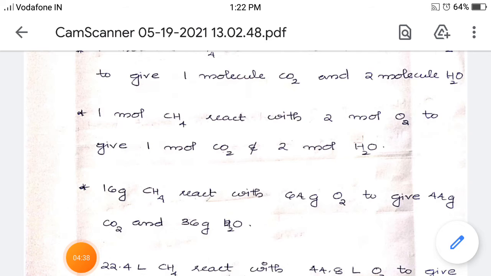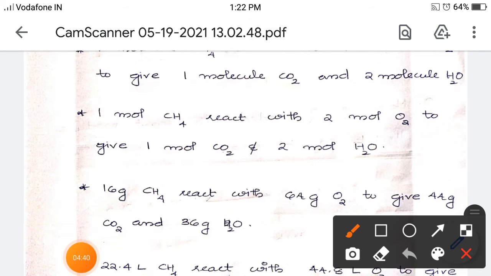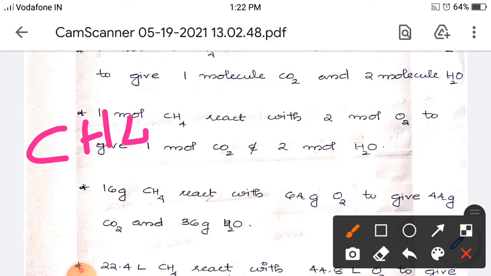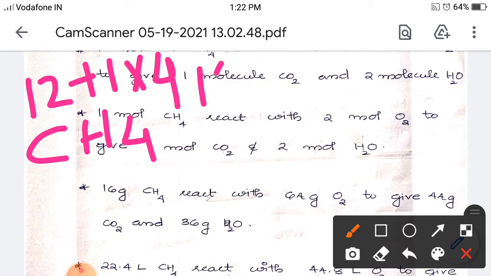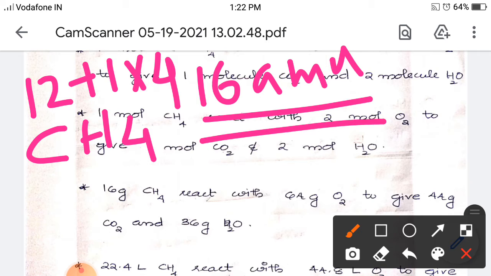What is the molar mass of 1 mole of CH4? We can represent like this also. It is 1 mole of CH4. How to calculate the molar mass? Molecular mass expressed in gram is the molar mass. So here 12 plus 1 into 4, that is 16 AMU, is the molecular mass of CH4.